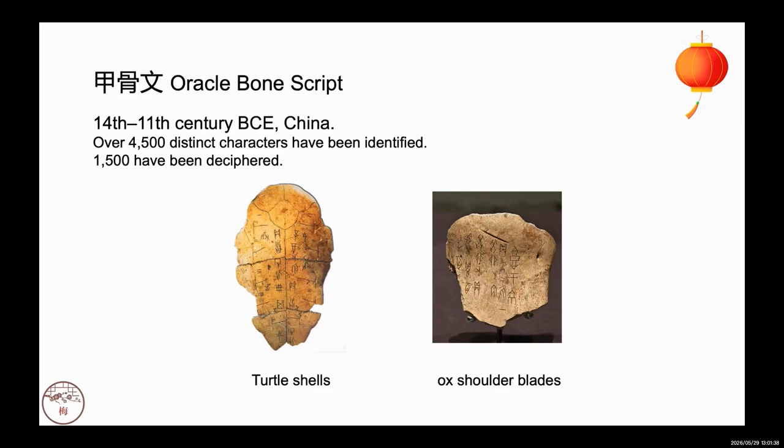So the royal court engraved characters on the tortoise shell or on ox shoulder blades to talk with the ancestral spirits or with supernatural powers, to do fortune telling, to ask for fortune in the future. Finally, they would record these events and the outcomes on the shells or on the bones.